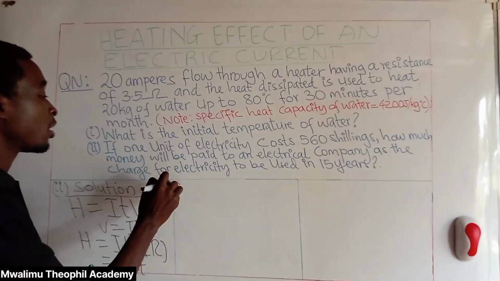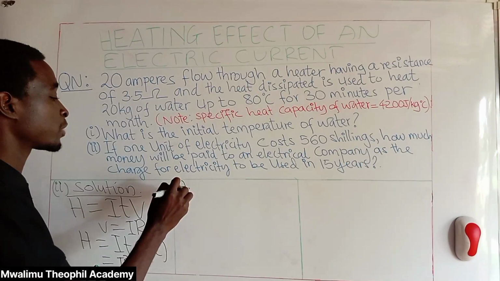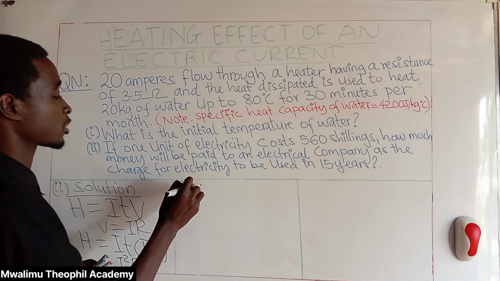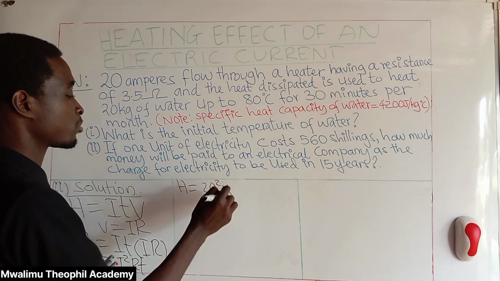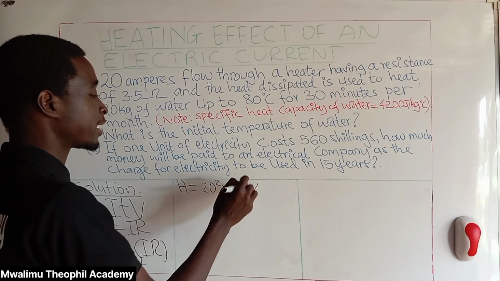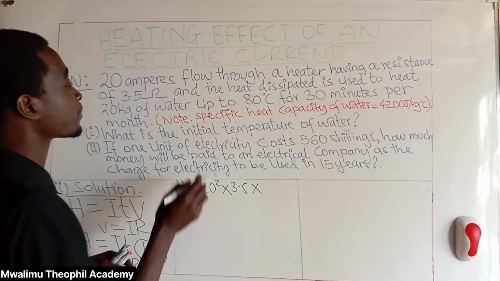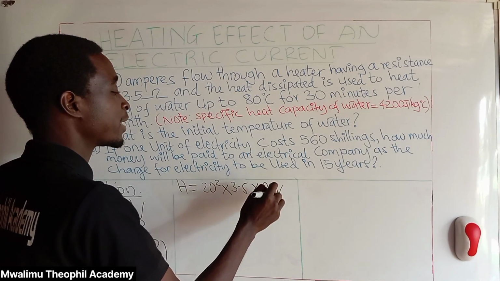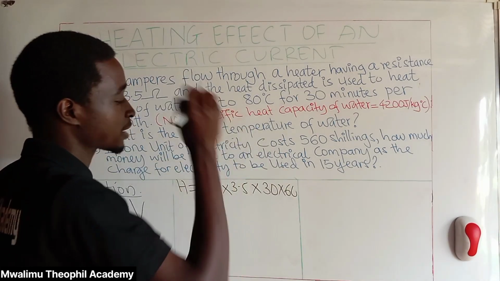It will be equal to the current squared, which is 20 squared, times the resistance, which is 3.5, times the time, 30 minutes, converted to seconds by multiplying with 60.